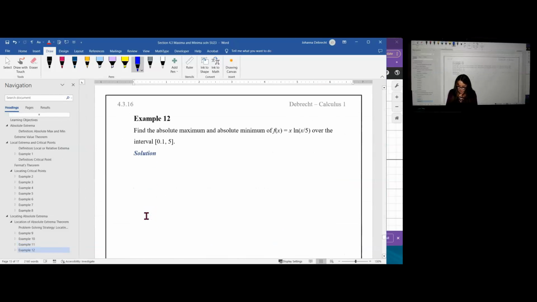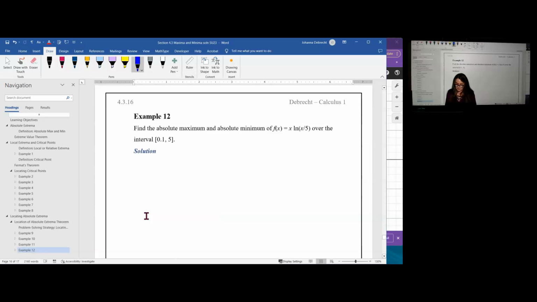We have one example left, which is the function x times the natural log of x divided by 5. In order to apply this, we need to establish that the function is continuous and the interval is closed and bounded. The interval from 0.1 to 5 is closed and bounded.